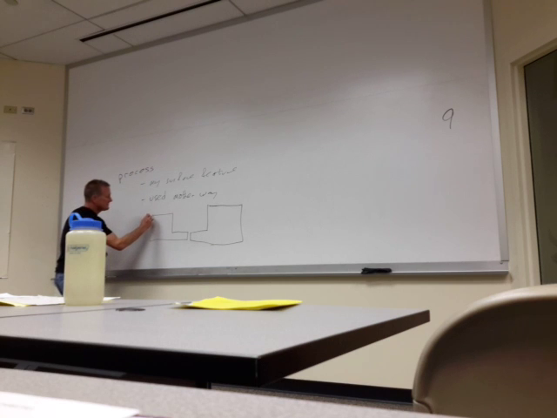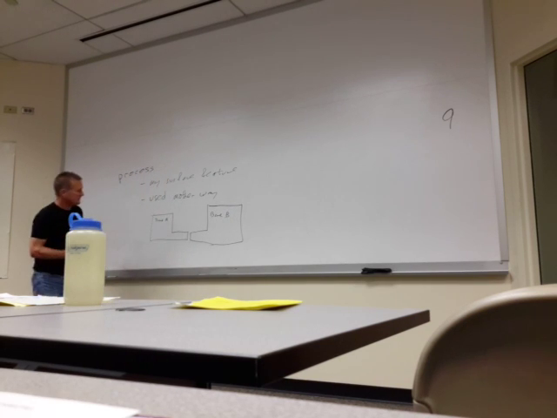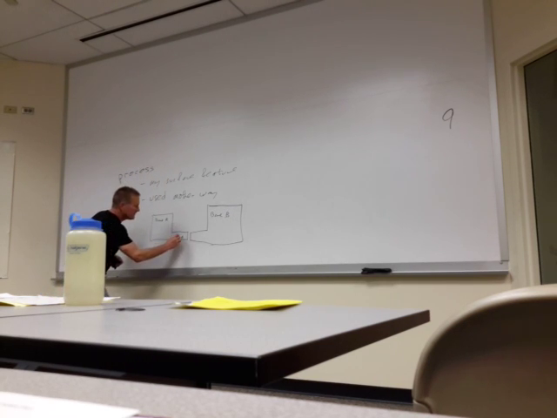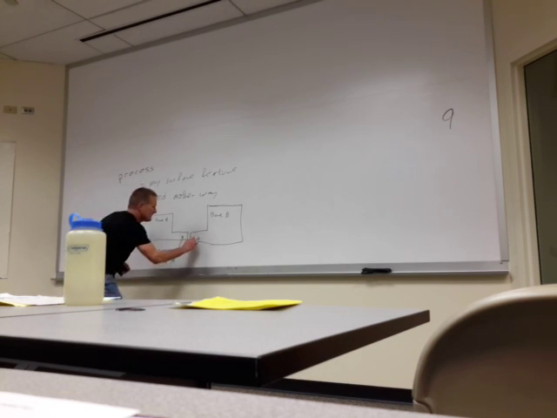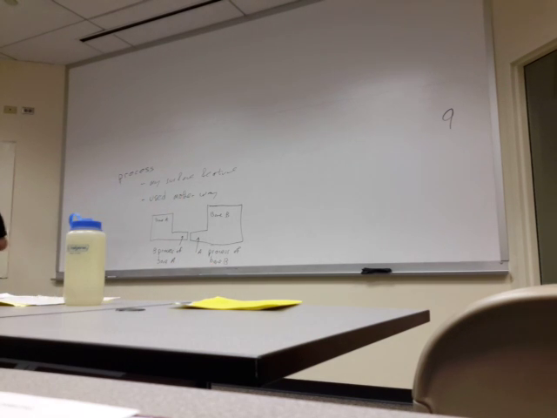So if we call this bone A, and we call that bone B, then this is the B process of bone A. This is the A process of bone B. Get it written down and then stare at it and let's figure it out.